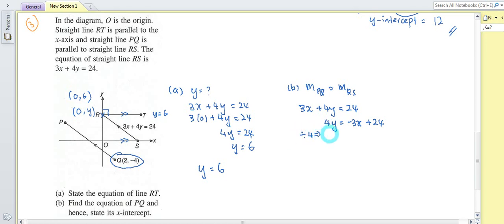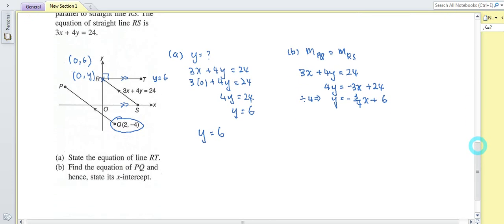I need to divide by 4, we get y equal to -3 over 4 x plus 6. Okay, so the gradient is -3 over 4. So y equal to negative 3 over 4 x plus c.